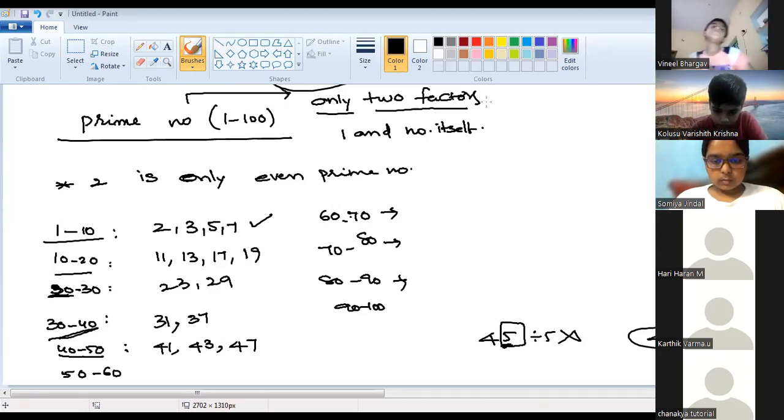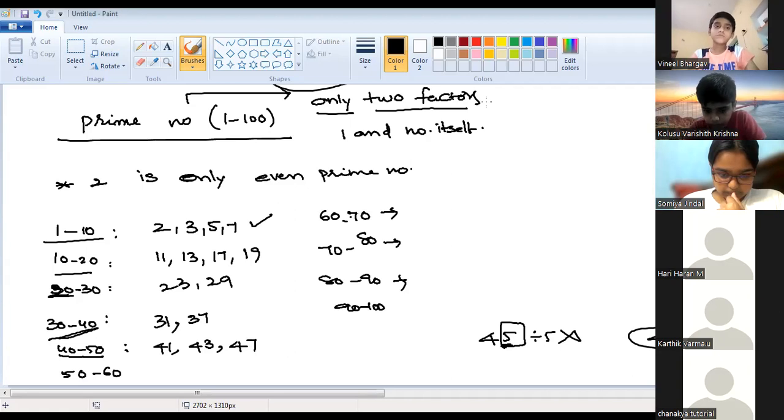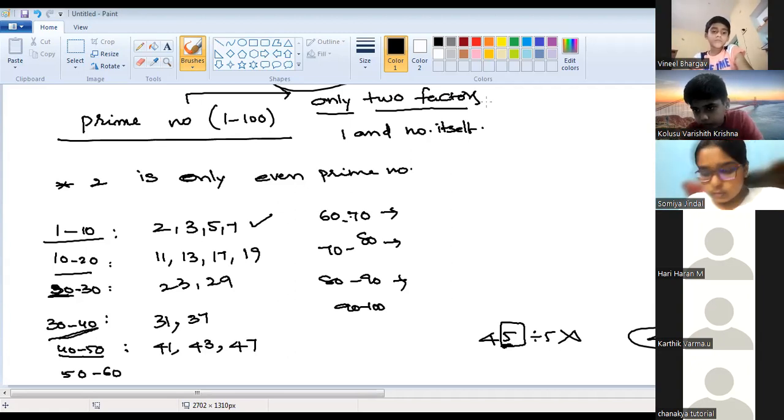There are a few more prime numbers. Please think about it. How many prime numbers did you get, children, between 1 to 100? Please count it and let me know the answer.